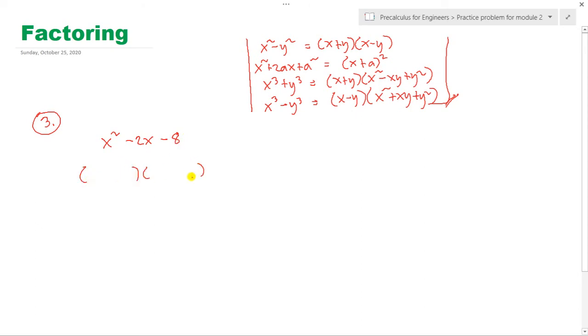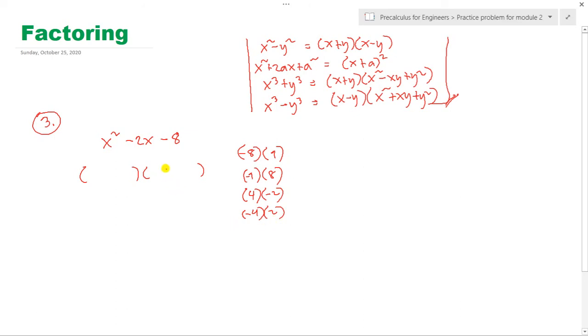Ito yung gagawin nyo sa trial and error. Lagay ka ng dalawang parentheses kasi the trinomial is just the product of two binomials. So, i-consider natin yung factor ng negative 8. Ano yung factor ng negative 8? You can have negative 8 times 1, or negative 1 times 8, or 4 times negative 2, or negative 4 times 2.